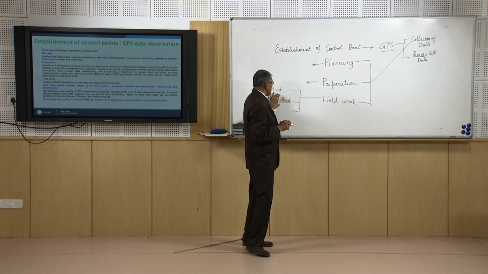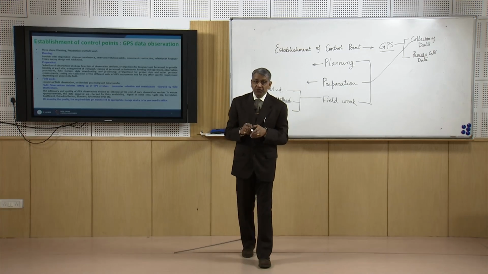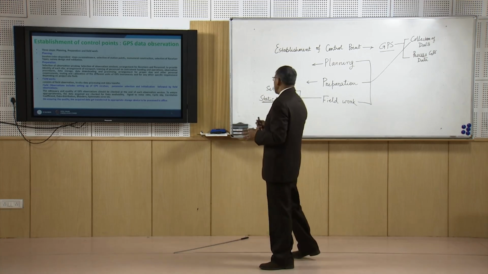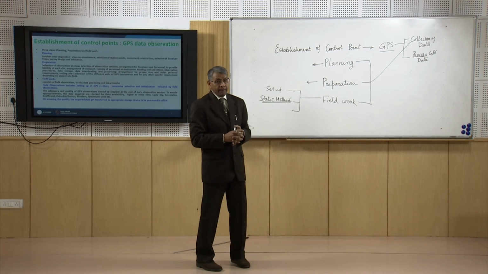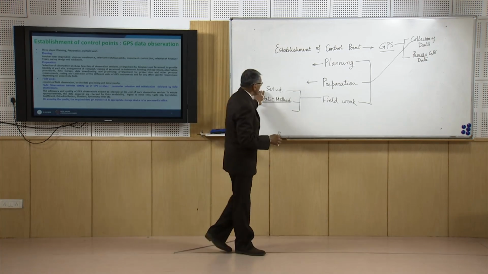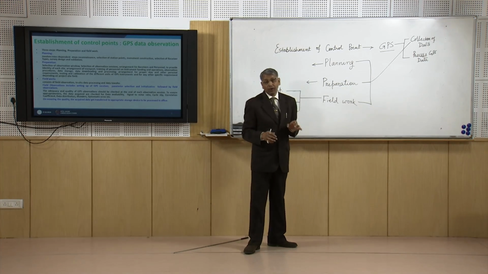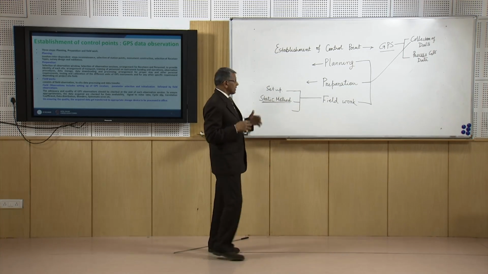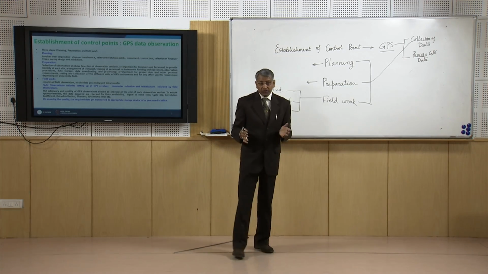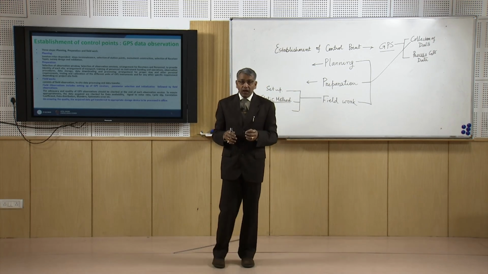So, with all those intricacies, we should take our observation for adequate duration. Duration of observation is very important for control point establishment. We should always take more duration. The higher the duration, the better will be the quality of the data.